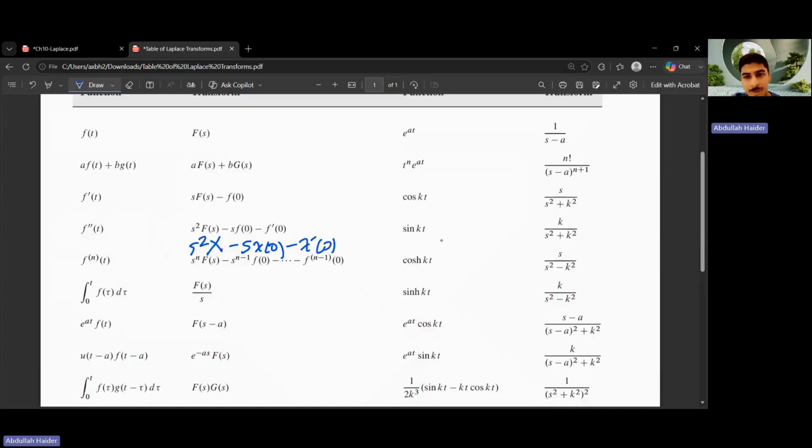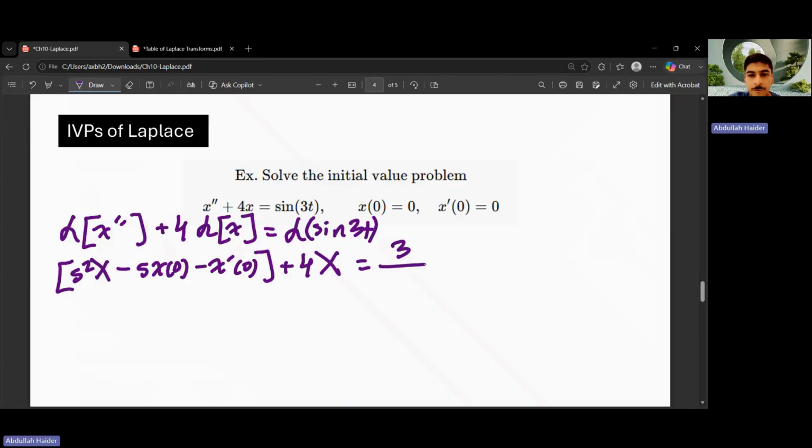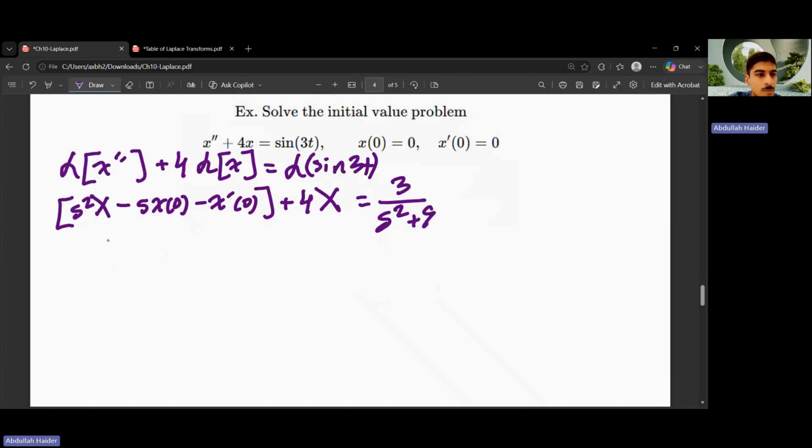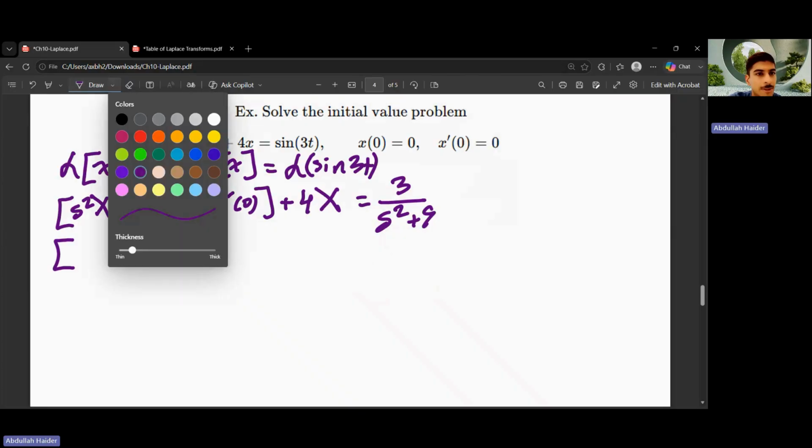You go to sine kt, this is your property, so k is equal to 3. In this case, you'd have 3 over s squared plus 9. So you substitute the initial conditions now.